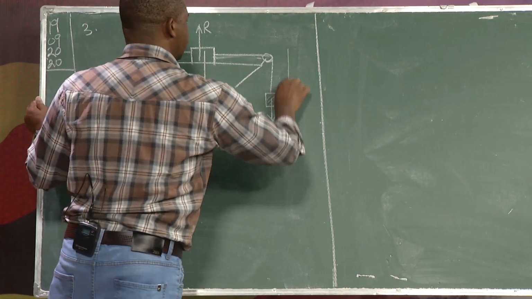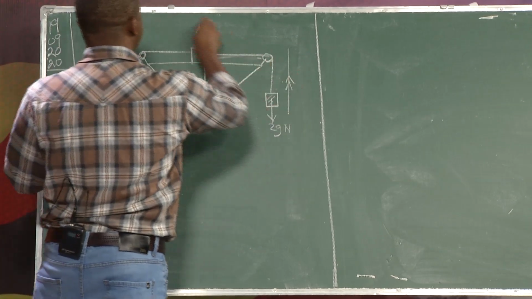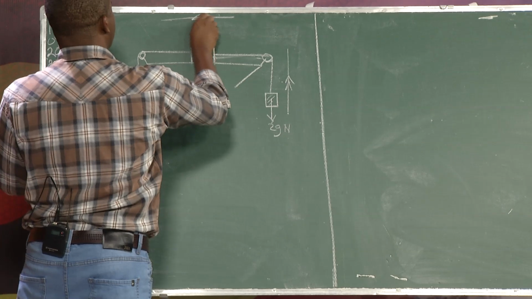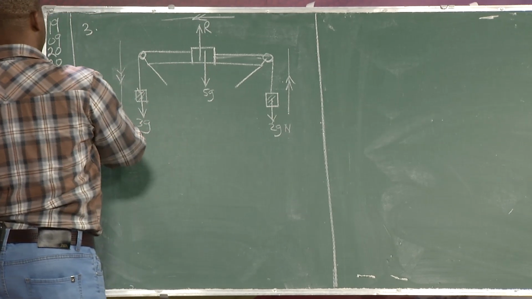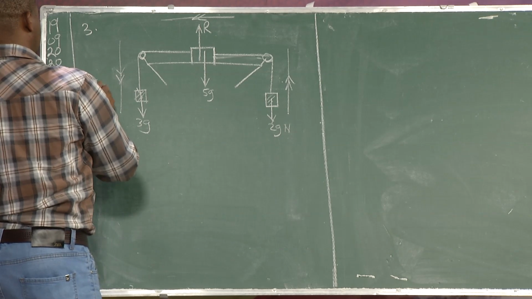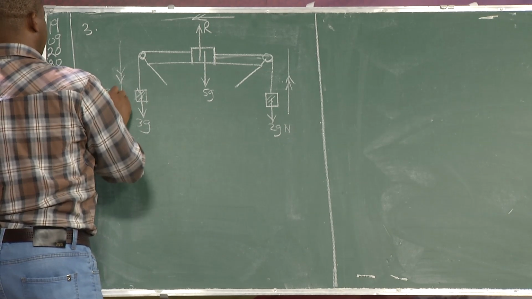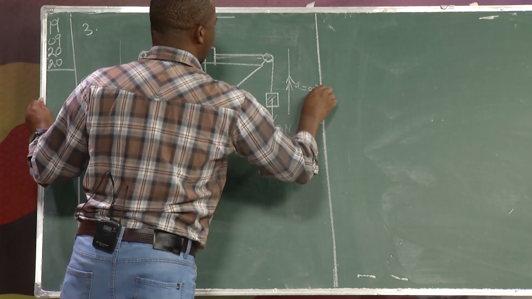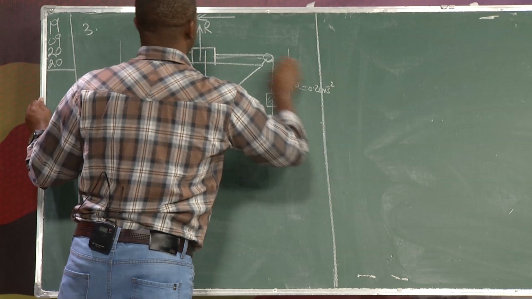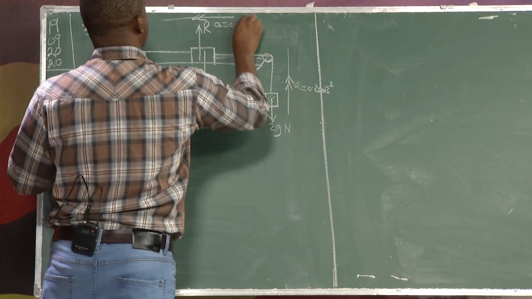So this will go up, this will follow suit, and that will follow suit. They have given us the acceleration as 0.28 meters per second squared, and it is the same all throughout. A is 0.28.